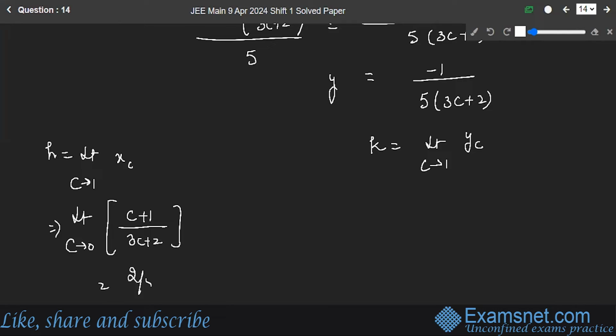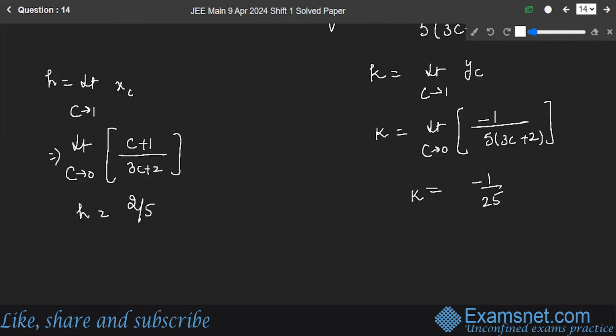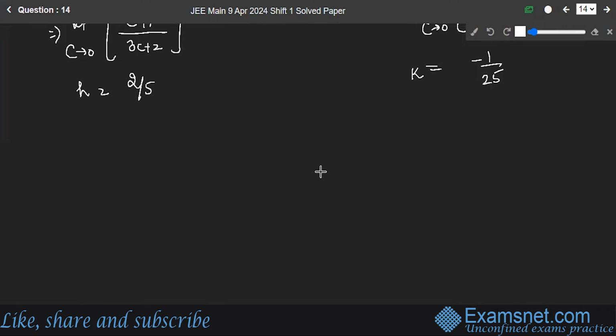This will be equal to 2 upon 5. And that means your H is equal to 2 upon 5. And here K will be equal to limit C approaching 1 of Y_C, 1 minus 1 upon 5(3C plus 2), or K is equal to -1 upon 25. This is the value of H and K.